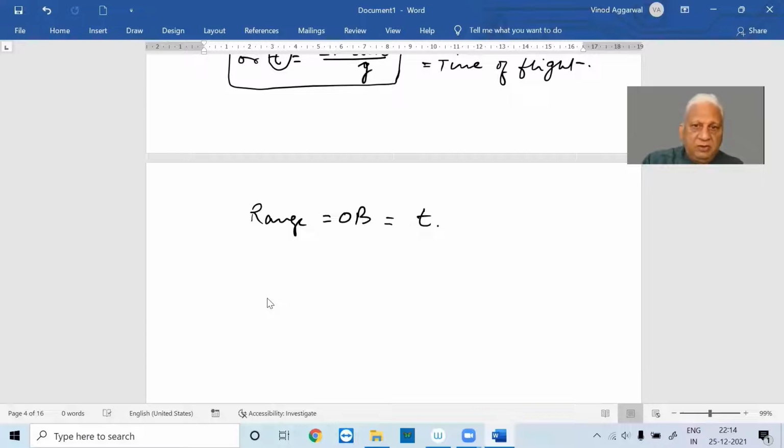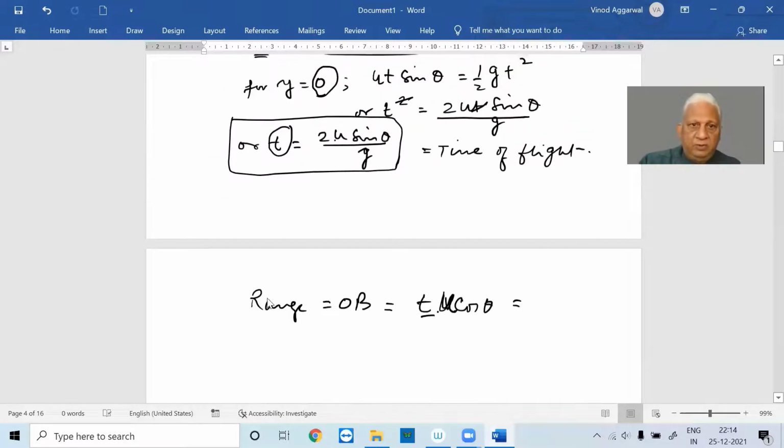Velocity in x direction is always constant, which is u cos theta, right? Which is equal to time, we substitute this time from here, it becomes 2u sin theta by g, into u cos theta.